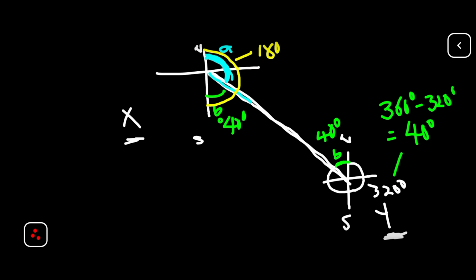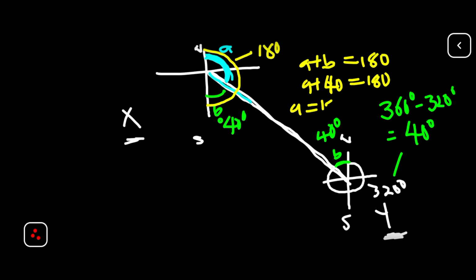So we know that A plus B on this side is equal to 180 degrees. But now we know what B is, which is 40 degrees. So that means A, which is the angle that we're looking for that forms the bearing of Y, is going to be 180 degrees minus 40 degrees. So that means A is going to be what? A is going to be 140 degrees.